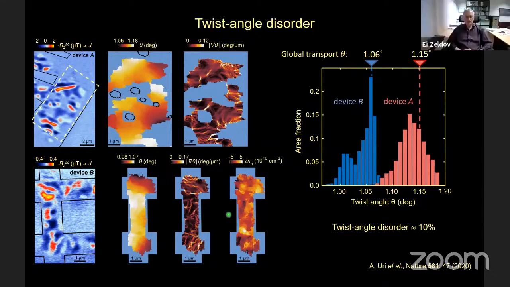True. So strain doesn't couple. If you have strain that keeps the area of your Moiré unit cell the same, NS will be the same. So essentially we map out NS. And NS is determined by the Moiré unit cell size, because you have to put in 4 electrons per unit cell.